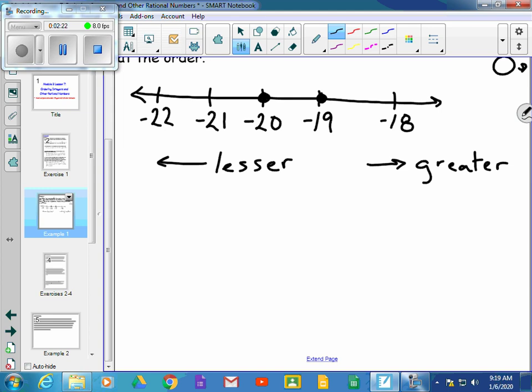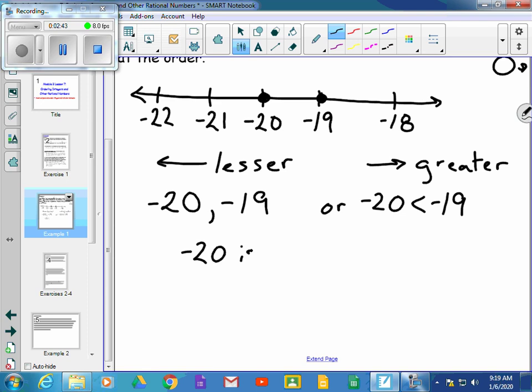So if we're putting them in order from least to greatest, negative 20 is going to be the smaller of the two, and then negative 19. Or if we were asked to compare them, we might say negative 20 is less than negative 19. And the reason being is negative 20 is to the left of negative 19 on the number line.